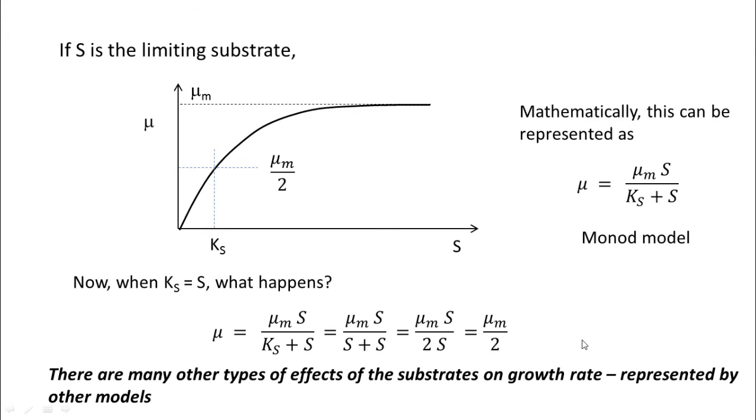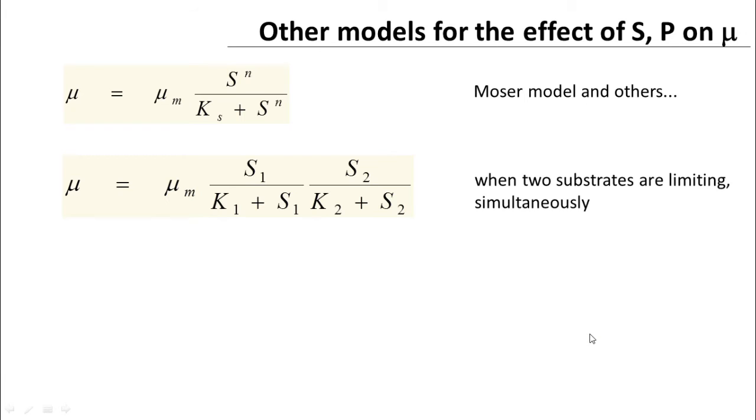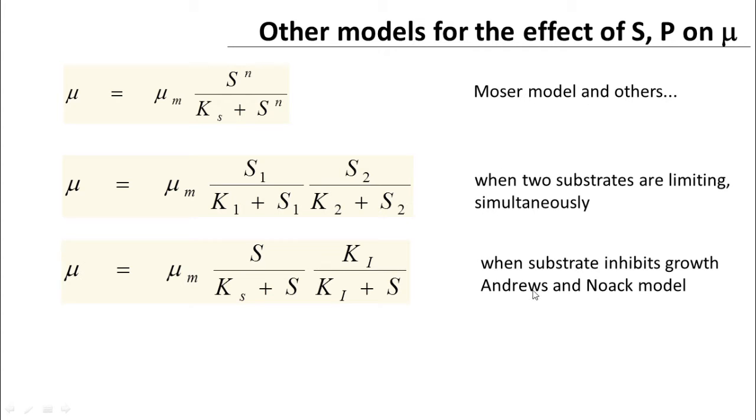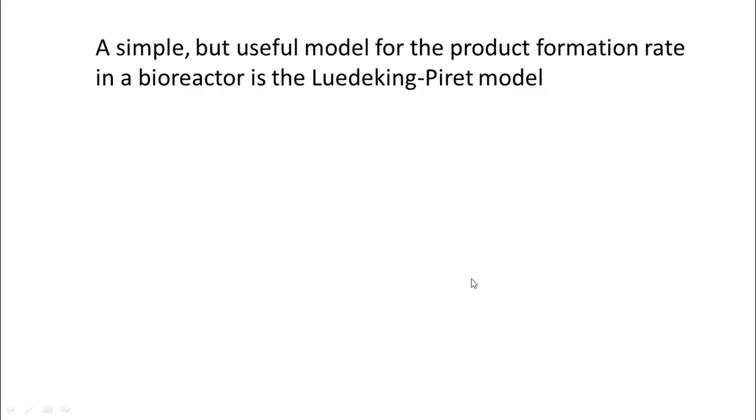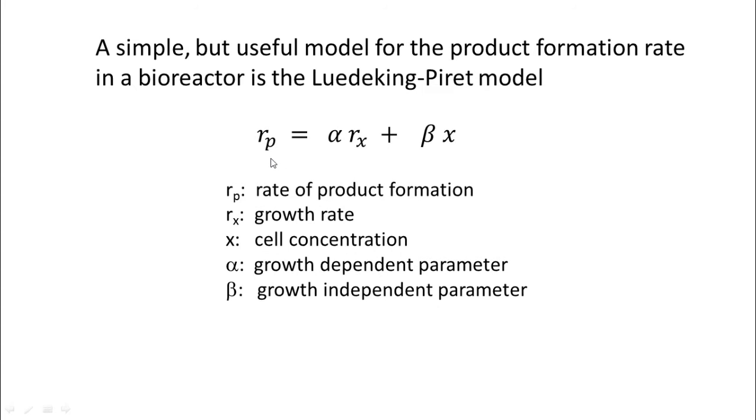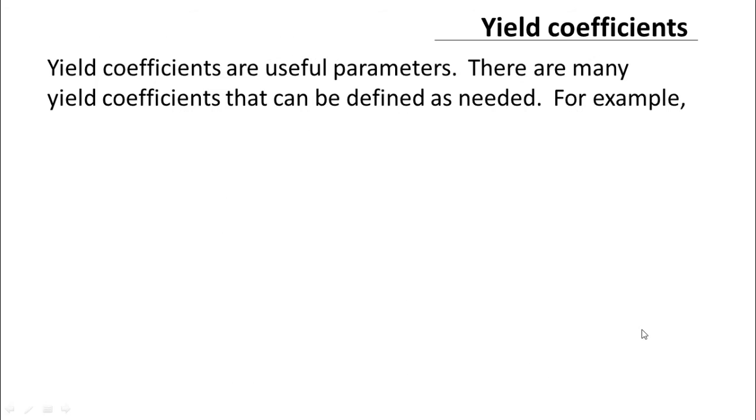And then we said there are other models available also, such as the Moser model, the Andrews and Noack model, or the model that gives the limitation of two substrates simultaneously, or Jerusalimsky and Neronova, which looks at the product inhibition. Then we looked at a model for product formation kinetics in the bioreactor, the Luedeking-Piret model.